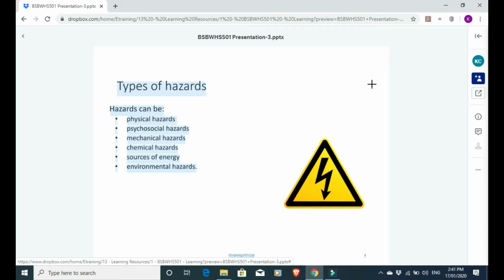Maybe there are psychological, physiological, and mechanical hazards, operating equipment and machinery, and chemical hazards. You could be dealing with a lot of fumes and chemicals that are hazardous to your health. If you don't use masks in the factory, you could inhale dust. These are some of the hazards that have to be identified and written down, along with sources of energy and environmental hazards.